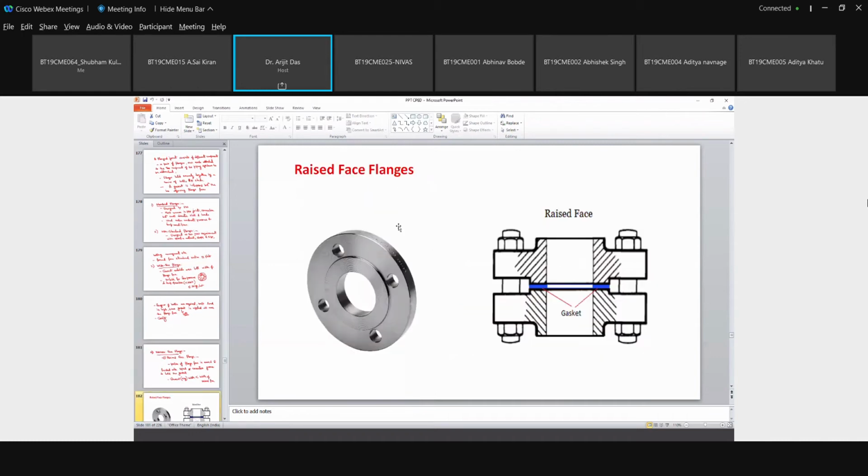So you can see here a surface of the flange is raised from the surface of the flange width. So this portion is raised by some millimeters, 1 or 2 millimeters, and the gasket cannot be placed over all the width from here to there.